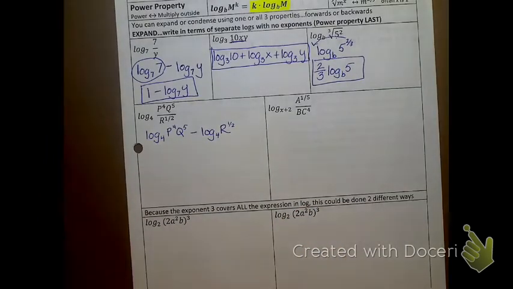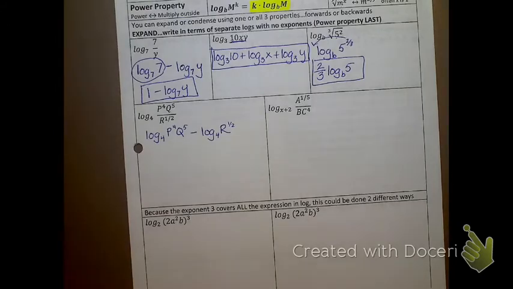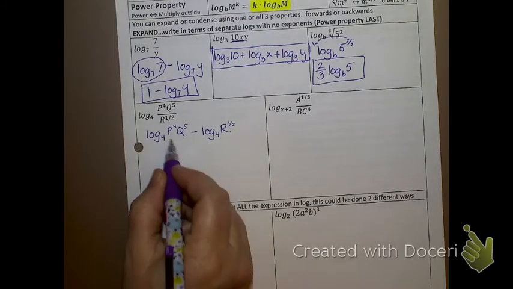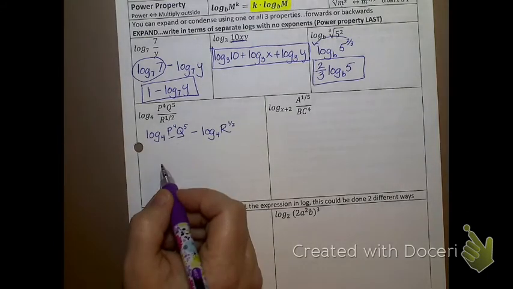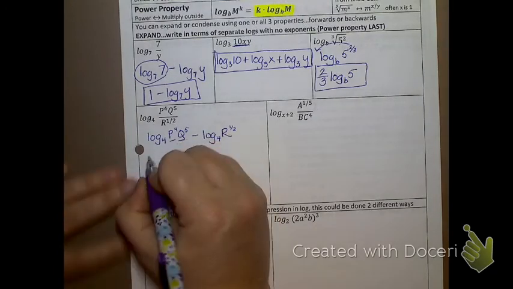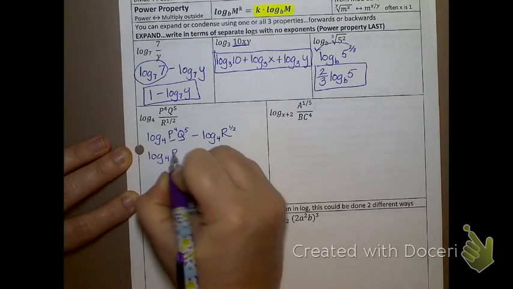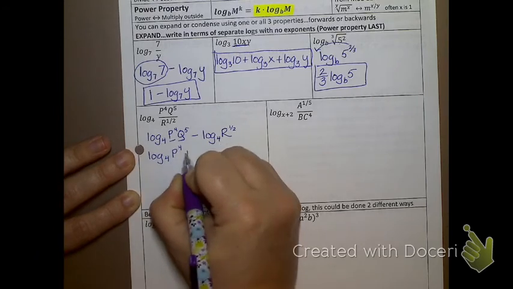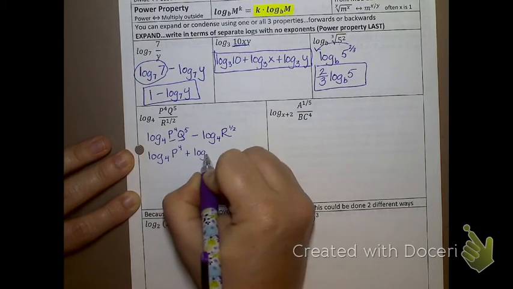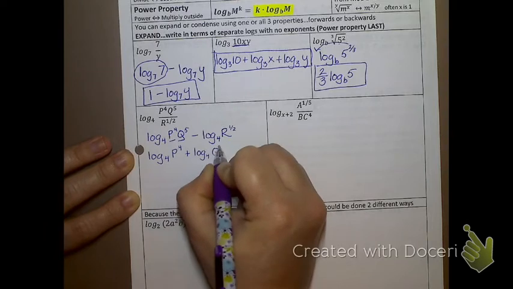Now I got to break up some more stuff. Any of these include multiplication that I can break up to addition? P times Q, right? So I got to break that up into addition. So that would become log base 4 of P to the 4th plus log base 4 of Q to the 5th.